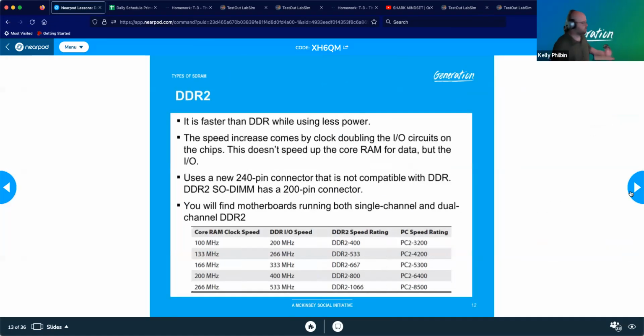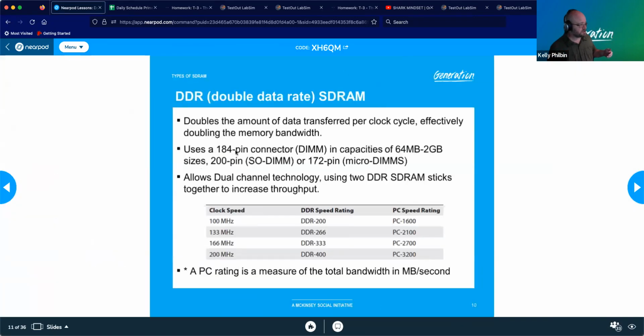Now, next generation up, DDR2. This one is faster than DDR1, utilizing less power. Let me go back here really quick. Please take a screenshot of this for the pins. You do need to know these pin counts.